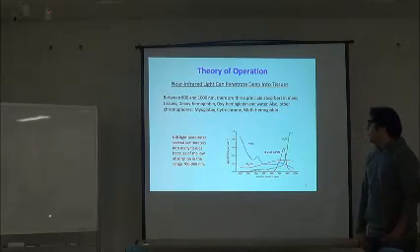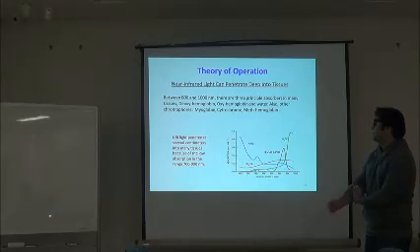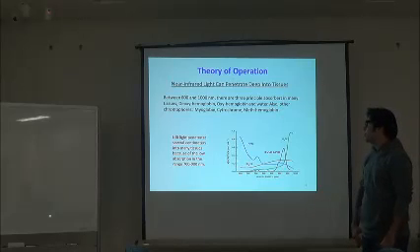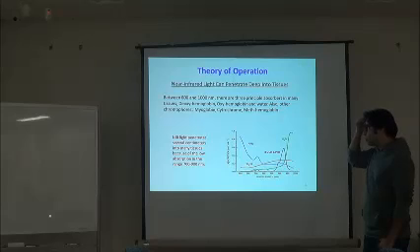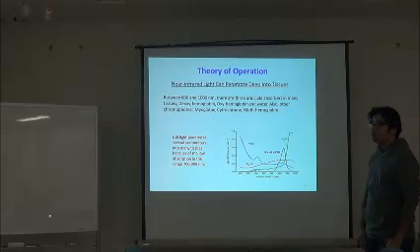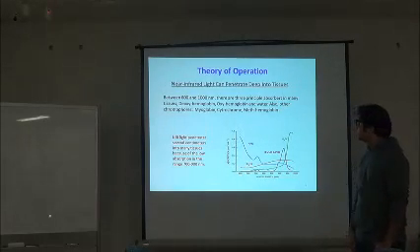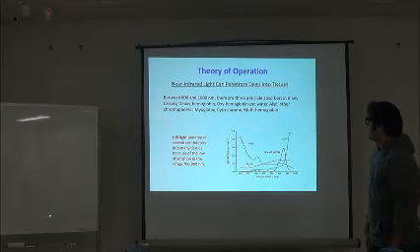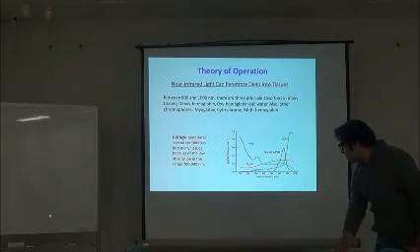The theory of near-infrared spectroscopy operation goes something like this. We use, as I told you before, light between 600 and 1000 nanometer wavelength. And why do we do that?